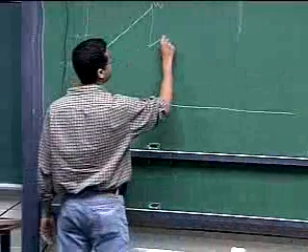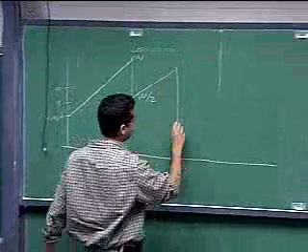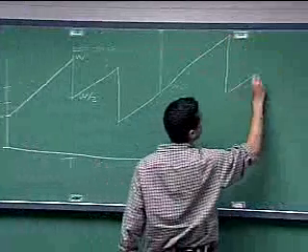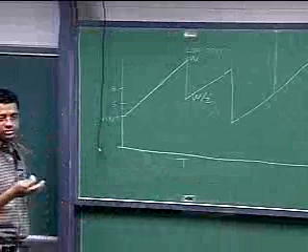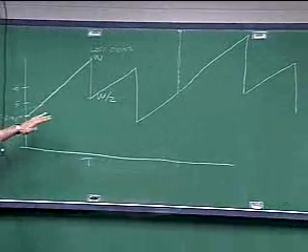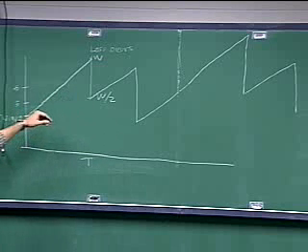Then it will continue increasing until there is another loss when it reduces to W over 2, and so on and so forth. This figure is what's commonly referred to as the TCP sawtooth.